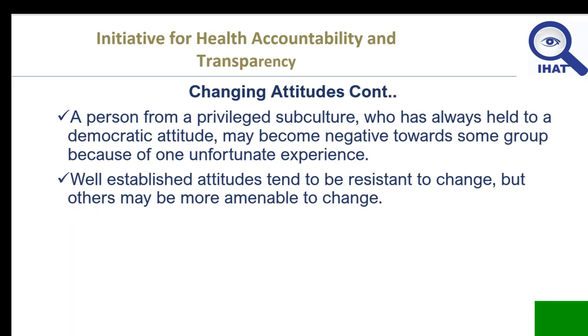Furthermore, a person from a privileged subculture who has always held to a democratic attitude may become negative towards some group because of one unfortunate experience. So past experience is key to changing attitudes. Also, well-established attitudes tend to be resistant to change, but others may be more amenable to change.